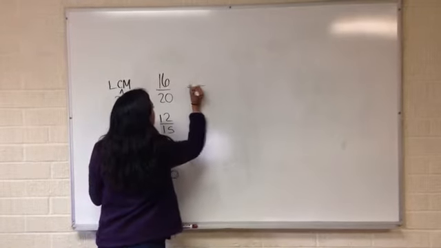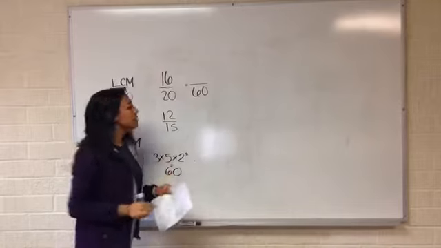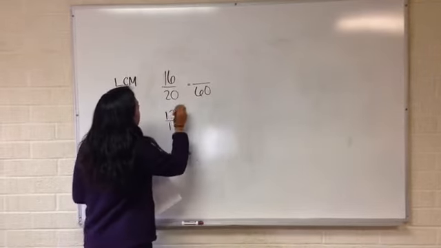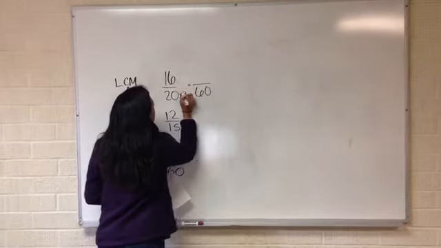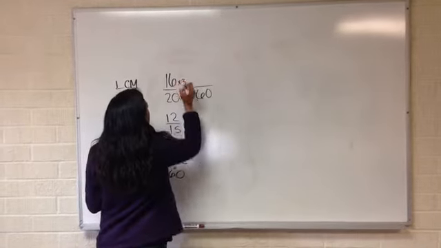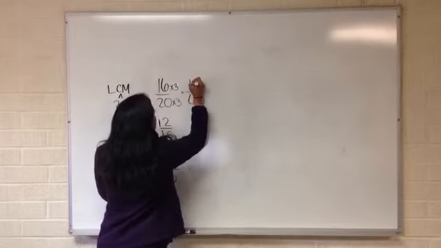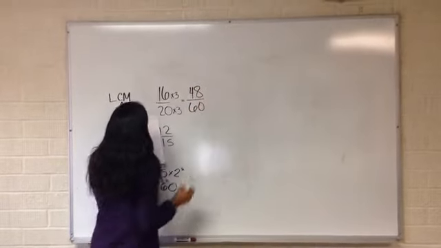So to get 60, you multiply 20 by 3, and so you multiply 3 times 16 in the numerator, and it becomes 48.